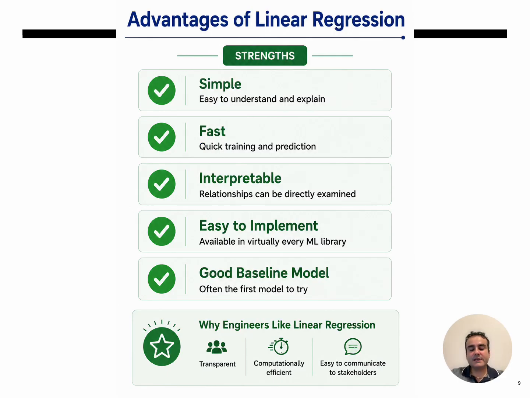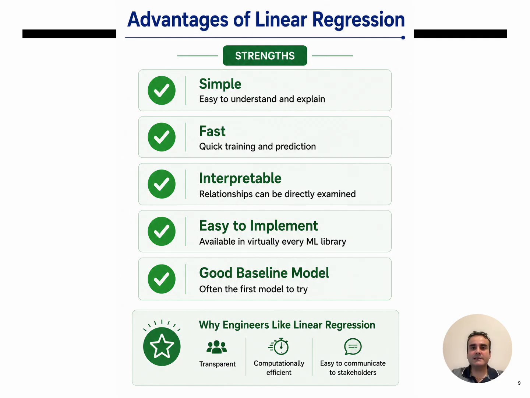So linear regression has several important strengths. It is simple, fast, interpretable, and easy to implement. These advantages make it a useful starting point for engineering analysis. One of its greatest benefits is interpretability.